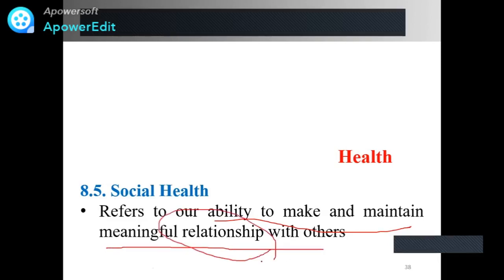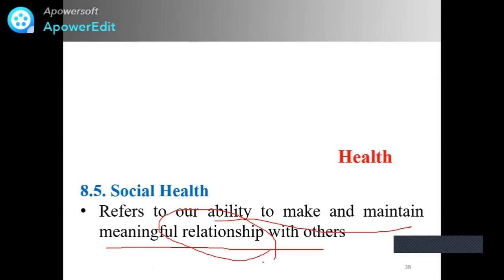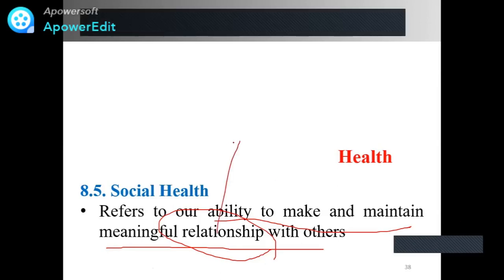Good social health includes not only having relationships but behaving appropriately with them and maintaining socially acceptable standards, not just linking with other people.